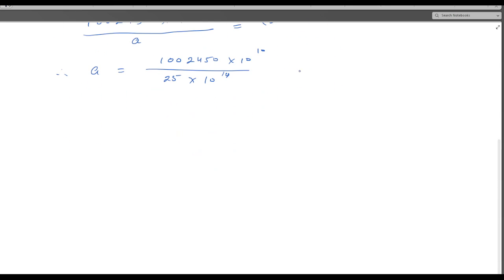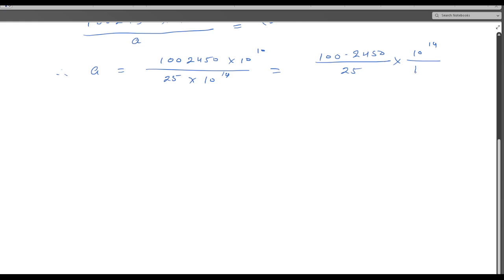So this is 100.2450 divided by 25 times 10 power 14, and here also 10 power 14, they will cancel, and therefore you have 100.2450 divided by 25. So your area is 4.0096. So approximately I will say that the area is 4 centimeter square.